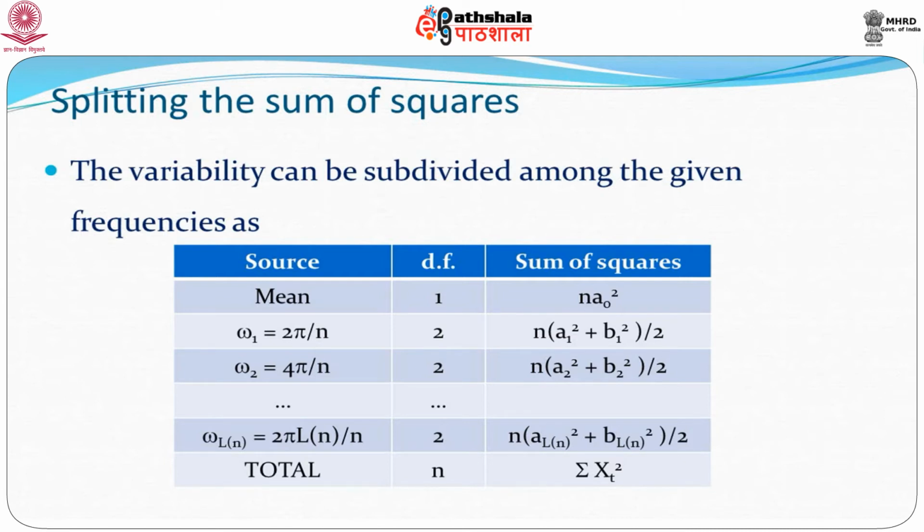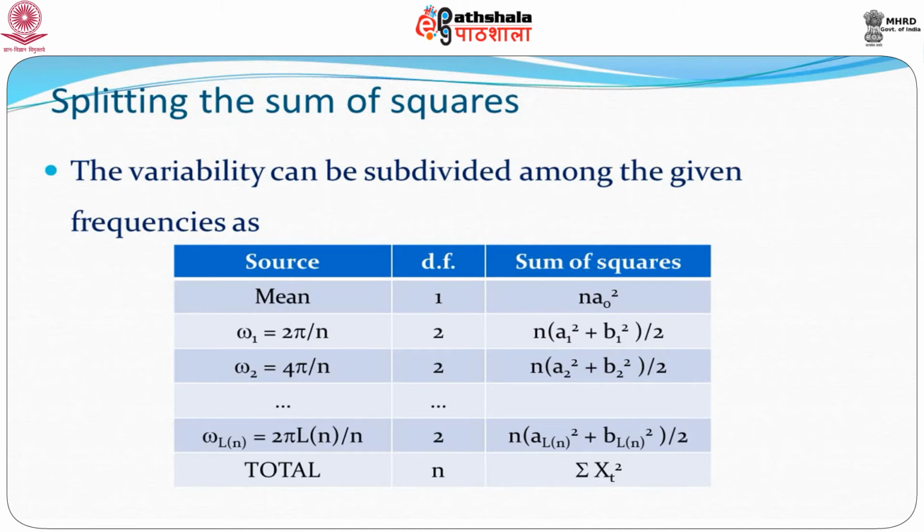frequencies. So, you break it up into the frequencies omega 1, omega 2, up to omega l n. And now you see that the periodograms are the sum of squares. So, the periodogram tells you which of these frequencies contributes most to the variability.